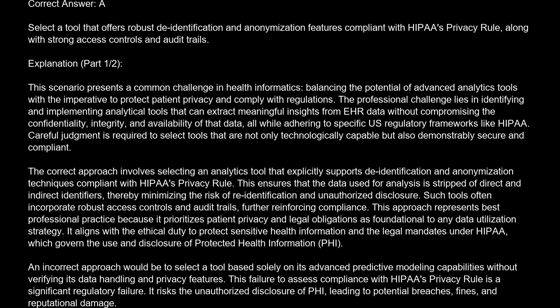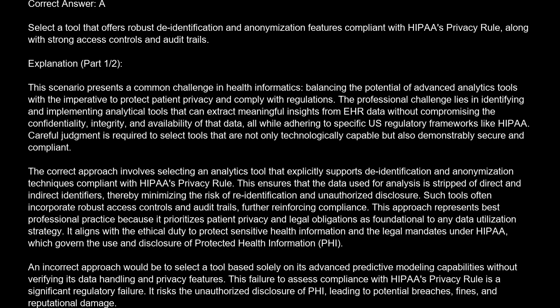The correct approach involves selecting an analytics tool that explicitly supports de-identification and anonymization techniques compliant with the HIPAA privacy rule. This ensures that the data used for analysis is stripped of direct and indirect identifiers, thereby minimizing the risk of re-identification and unauthorized disclosure.